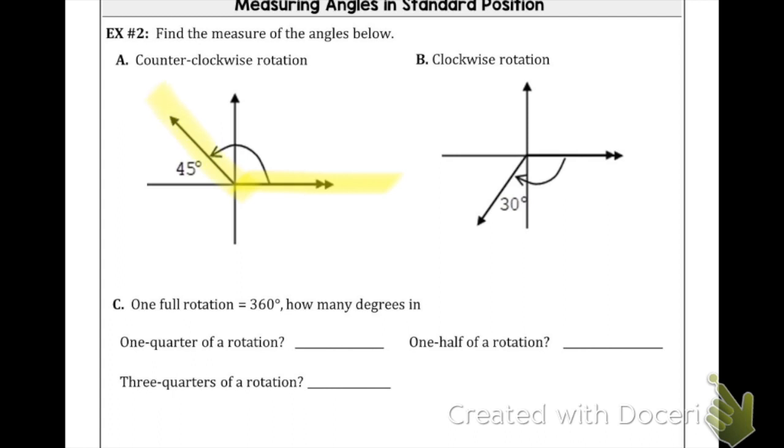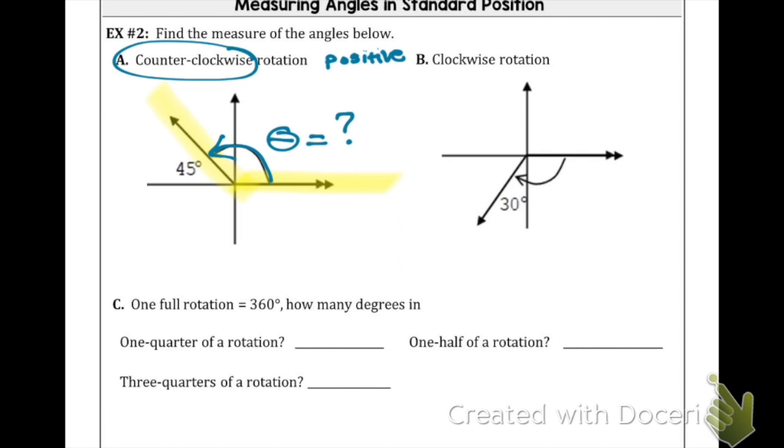We're trying to find how many degrees this angle is equal to. Because we are going in the upward direction, or the counterclockwise direction, we know that our angle must be a positive number. And then we just have to figure out what it is.